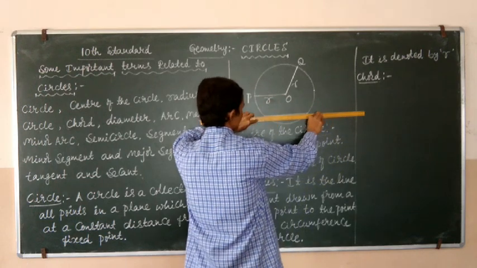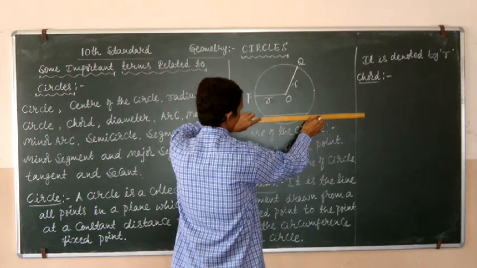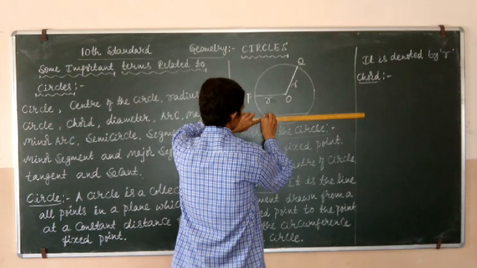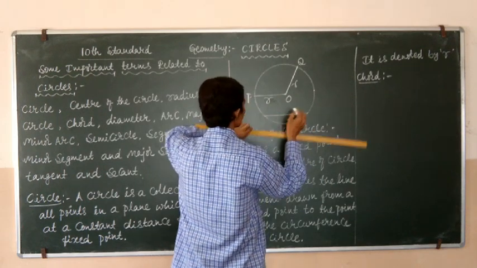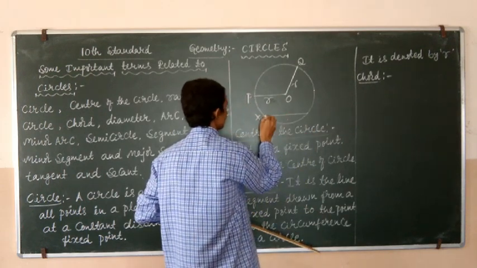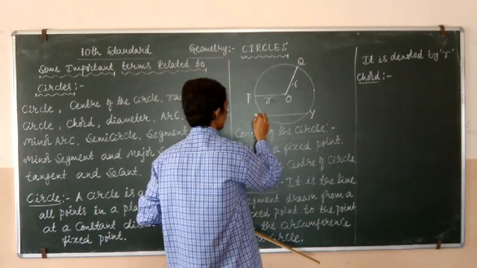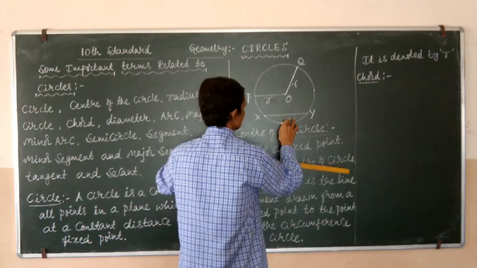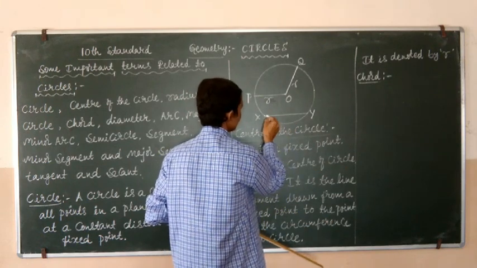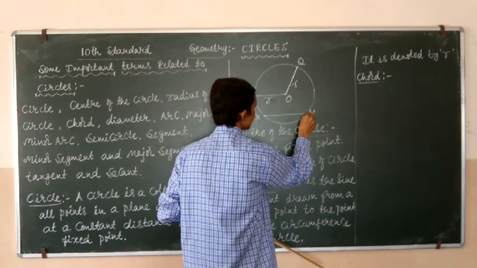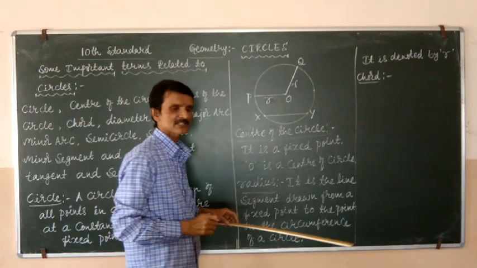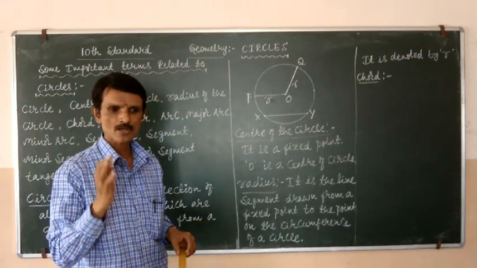Now observe, students, I am joining the two points X and Y on this circle. Therefore the line segment XY is called a chord.